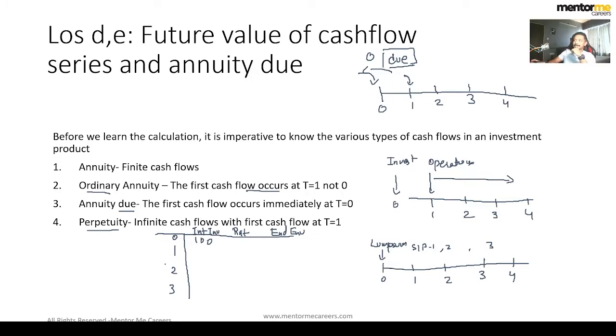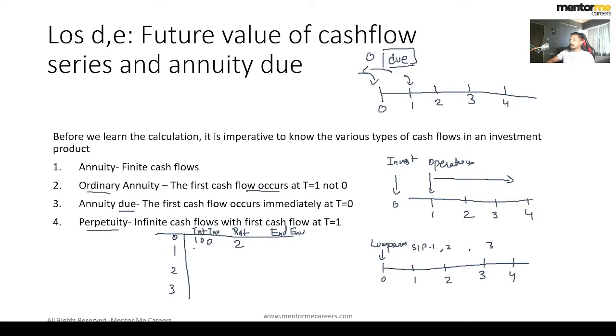Now, what this basically tells us is that as soon as we invested, without even this entire 30 days or 1 year happening, if the rate is 2%, we immediately got 2. That's most likely not possible, because the compounding period has actually not happened.